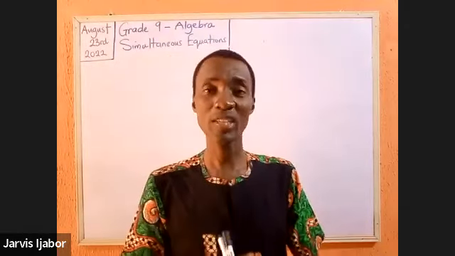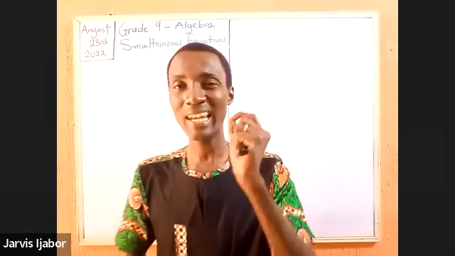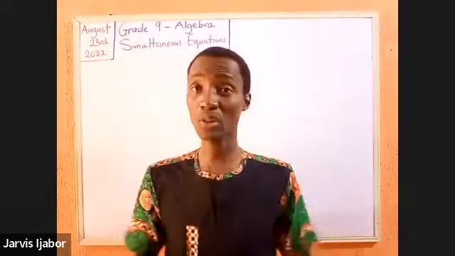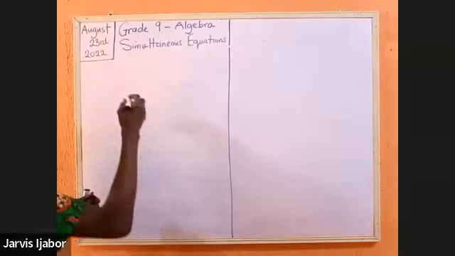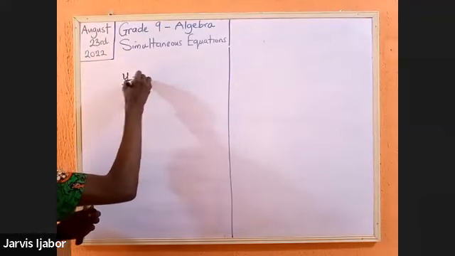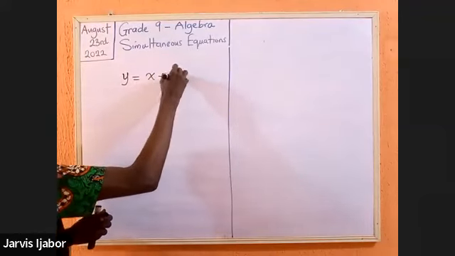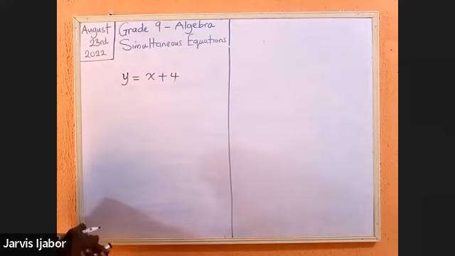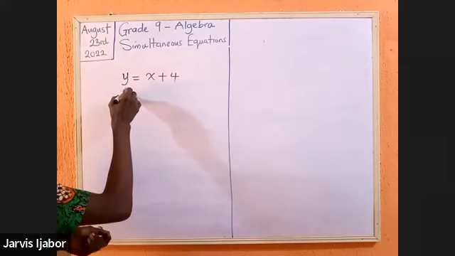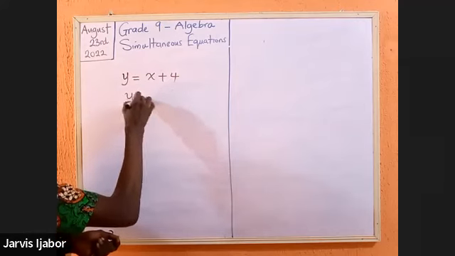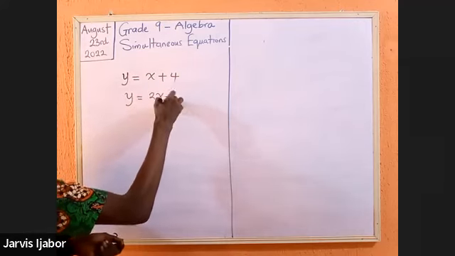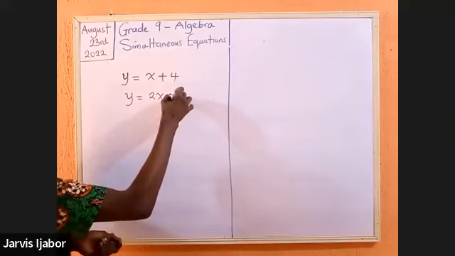These equations we are dealing with are essentially linear equations. I don't know what your background on equations is, but a simple linear equation will be like, say, y is equal to x plus 4. That's one. And then I can also have y equal to 2x plus, let's say, 3.